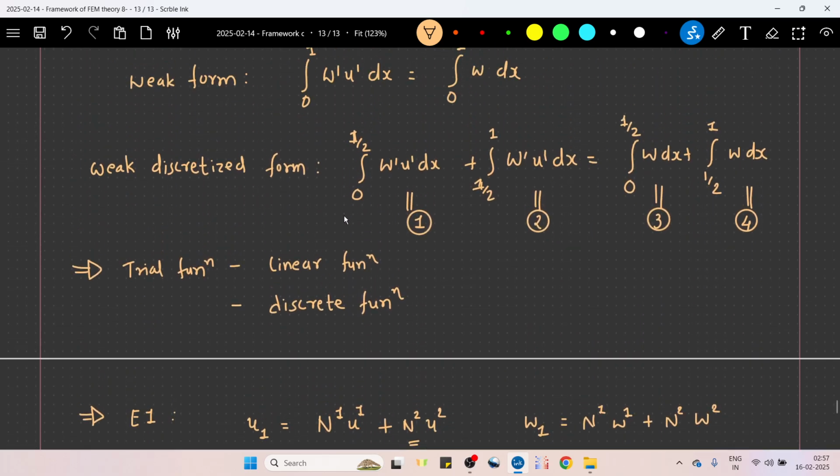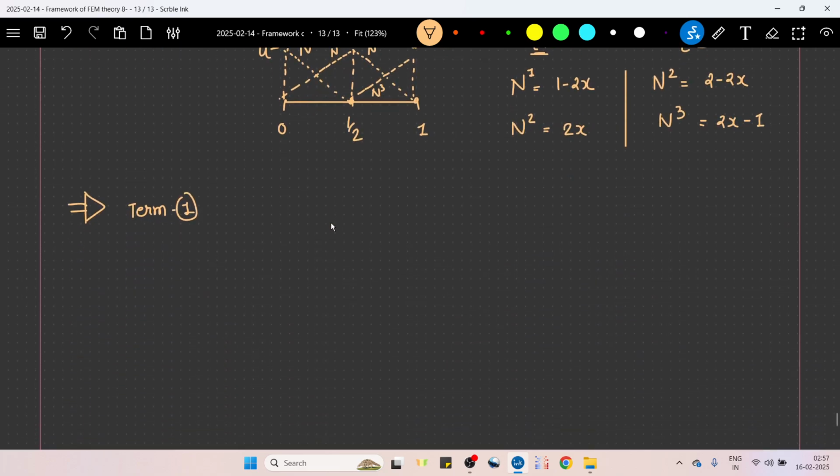Which is this one, the integral from 0 to 1 by 2 of w dash u dash dx. So I'm just focusing on term 1, and I'll substitute everything. I will say w is 1 minus 2x.